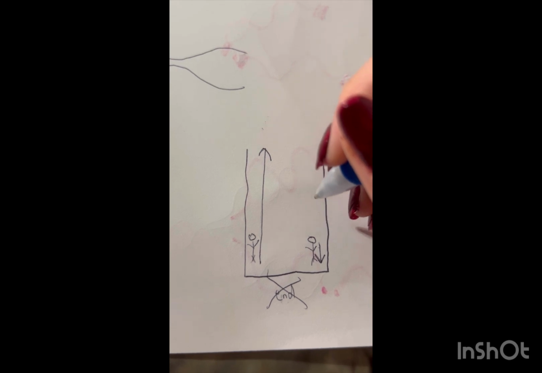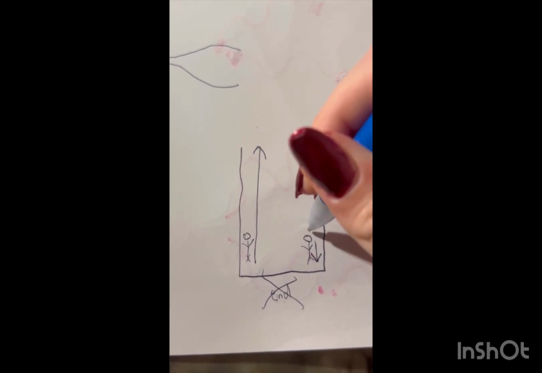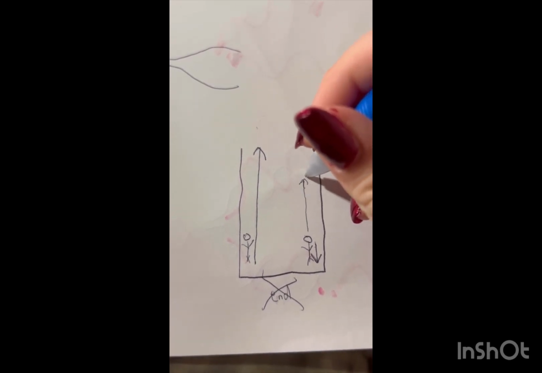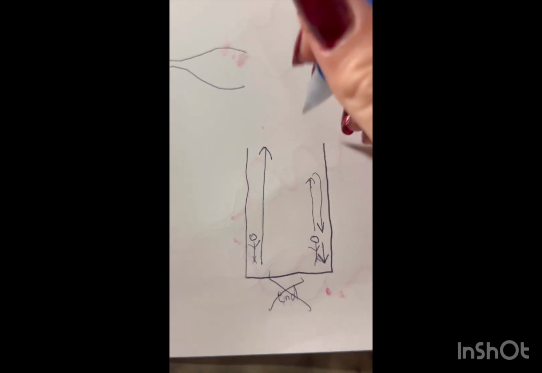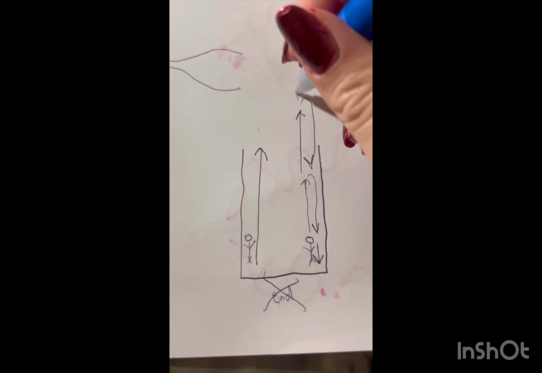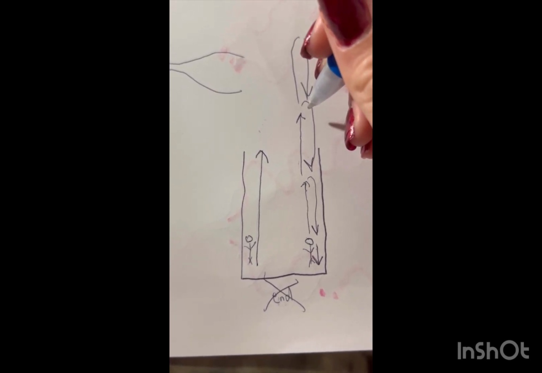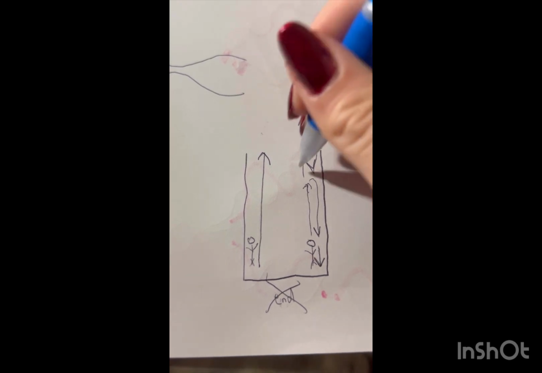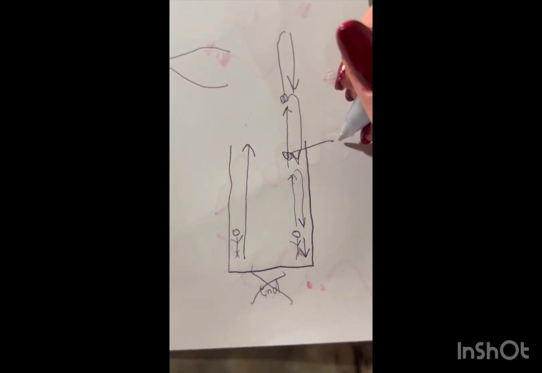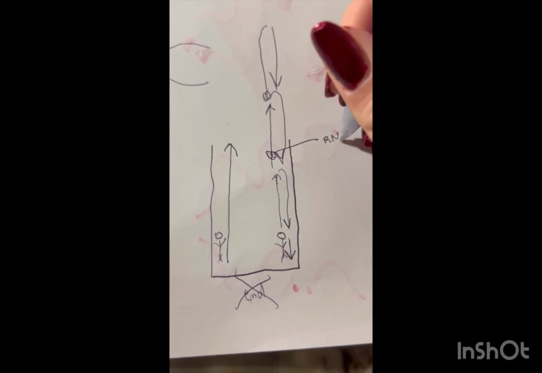So what he has to do if he wants to build this way is he has to go up and then come back. He has to go up, come back, go up, come back. And then each of these areas is the RNA primer.